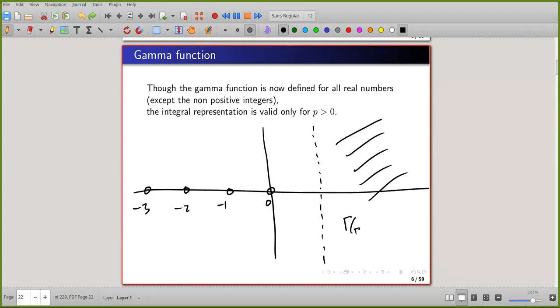So gamma of p is equal to the integral from 0 to infinity of t to the power p minus 1 times e to the power minus t dt, right? But if you take a point over here, and try to evaluate this integral, then your answer will be infinity. So I'm just trying to say that this integral gives the value of the gamma function only when p is strictly greater than 0.